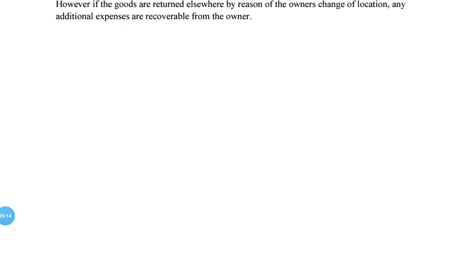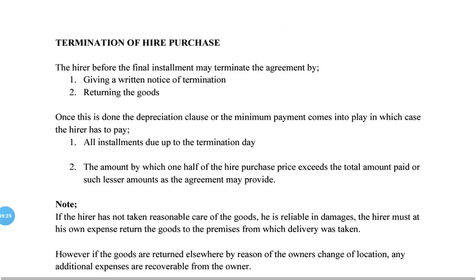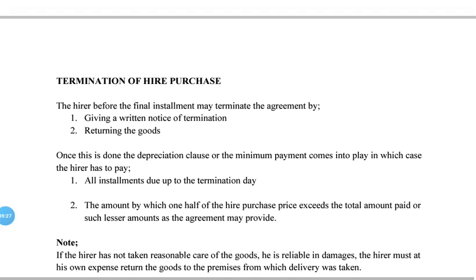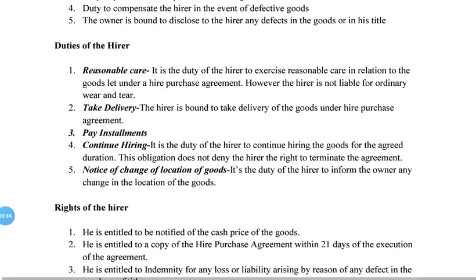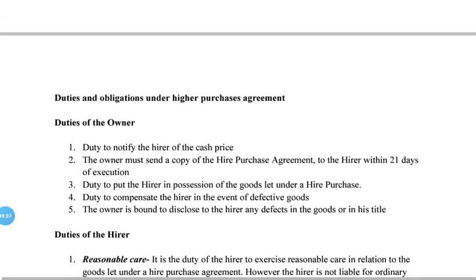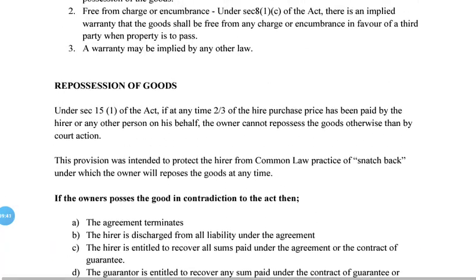You may also be asked the circumstances under which, or how, a contract of hire purchase is terminated. Also, it's good that you go through the repossession of goods, so how the owner can repossess the goods.